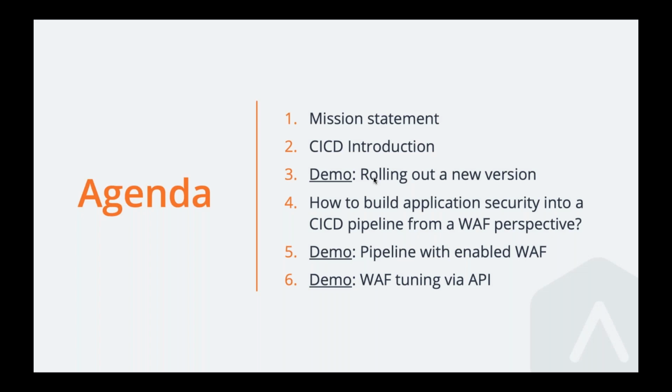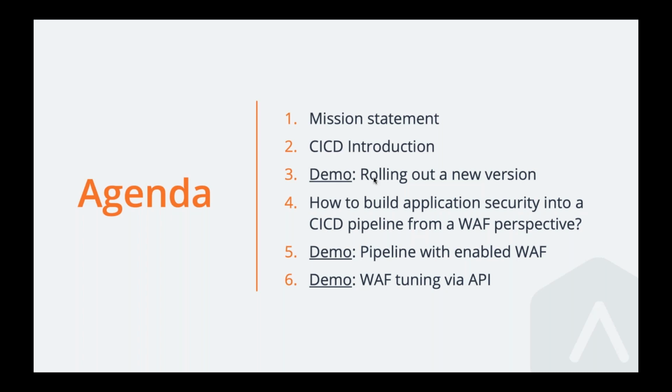So today, what is the agenda? First of all, I want to go over my mission statement for this talk. Then I do a very quick introduction into the CI/CD. Then we go to the first demo by using the pipeline we've built to roll out a new version of the software.